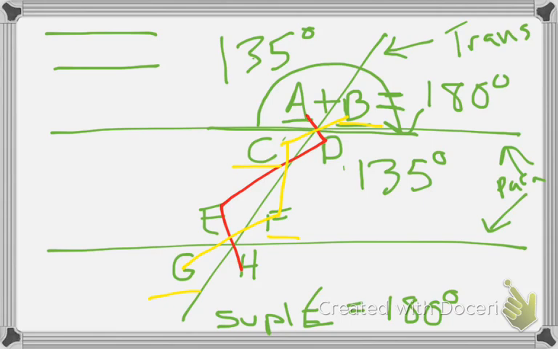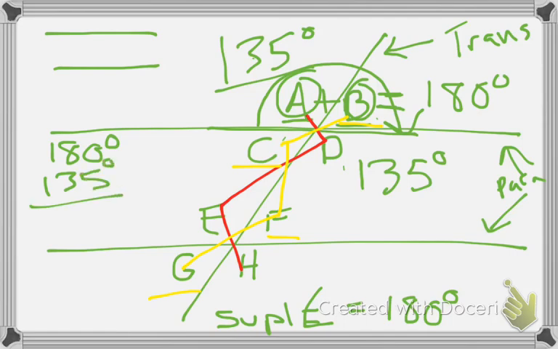Okay. And then if I wanted to, I could actually find what those angles were by doing the supplementary angle stuff. So A was supplementary to B, right? And if A was 135, B we could find by subtracting 135 from 180, because A and B have to equal 180. So I'm going to subtract 135 degrees from 180 to get 45 degrees.